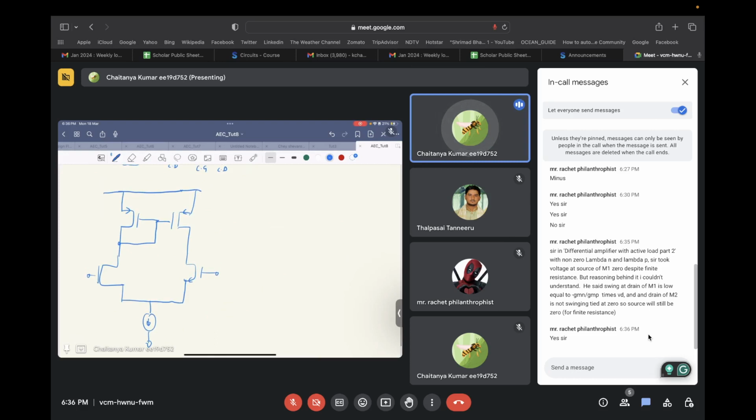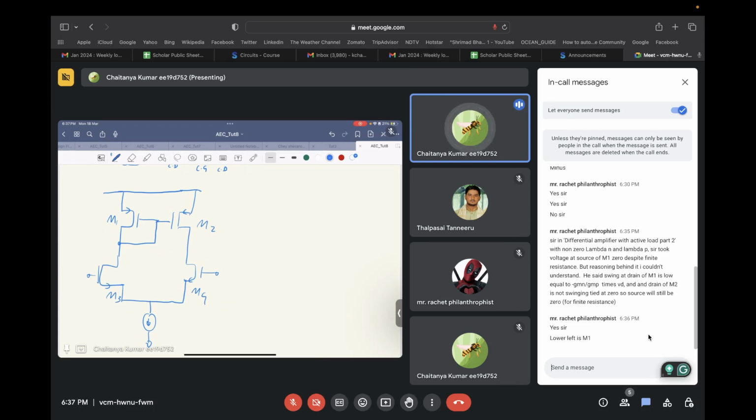So this is the differential to single-ended circuit, right? What you are trying to ask is about lambda n and lambda p, where sir took the voltage at the source. Can you help me in labeling the transistors? Is this one correct? You can turn on your mic and speak also. The lower left is M1, okay.